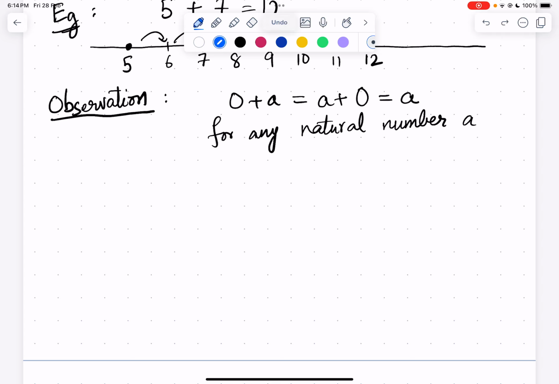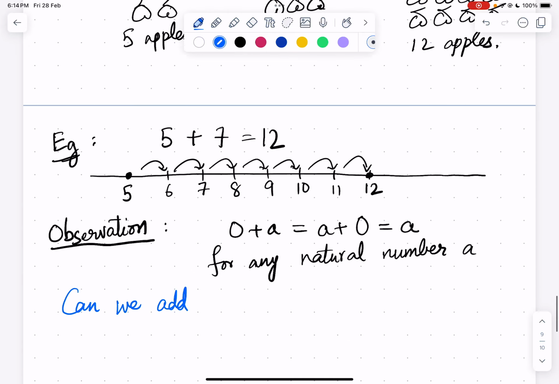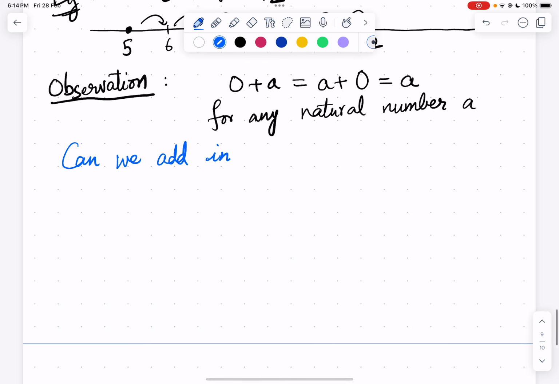Okay, now we can ask, can we add integers? First we asked, can we add natural numbers? Now we are asking, can we add integers?